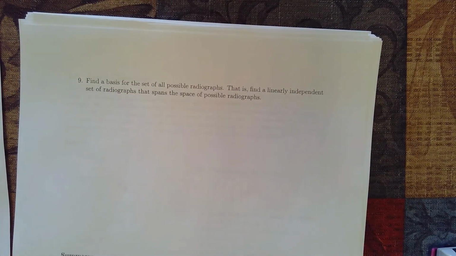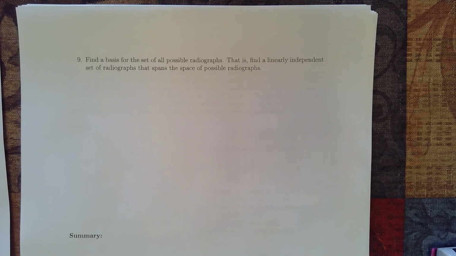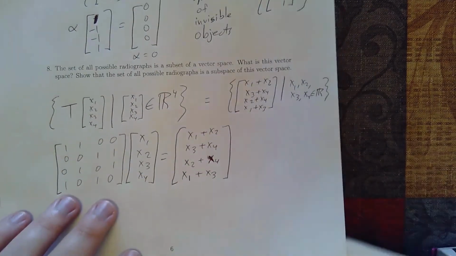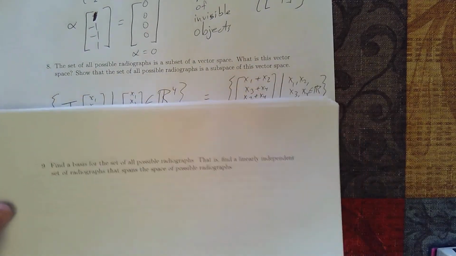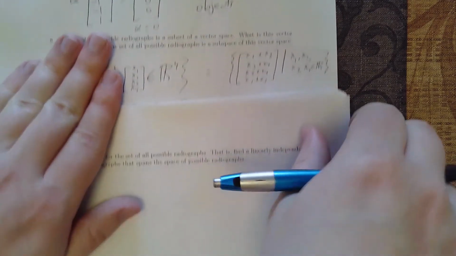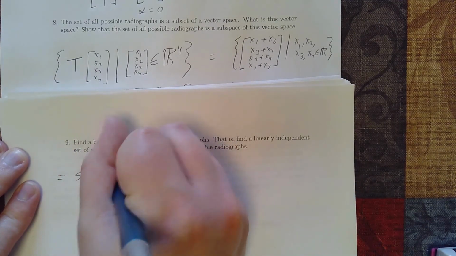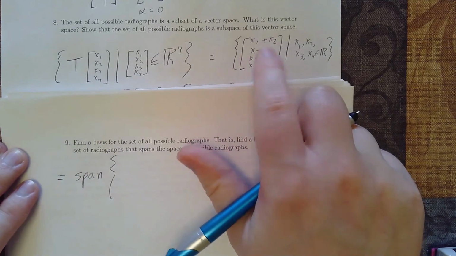All right, so we want to try to find a basis for this set. So we want to find a linearly independent set of radiographs that spans this space. So continuing on from this idea that we have the set of all x1, x2, x3, x4 in the real numbers, and we've got these outputs, we would normally want to take and write this as the span, and we would go ahead and break down by our components, right?